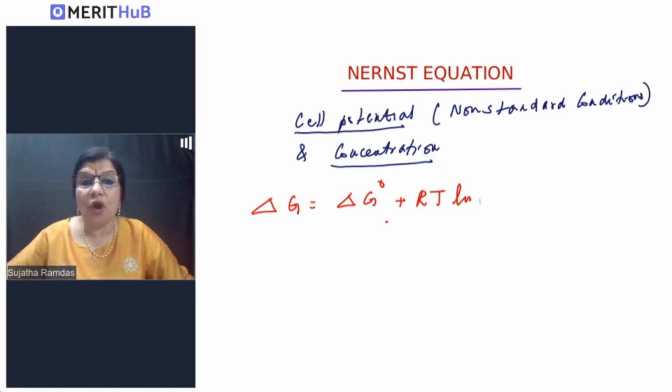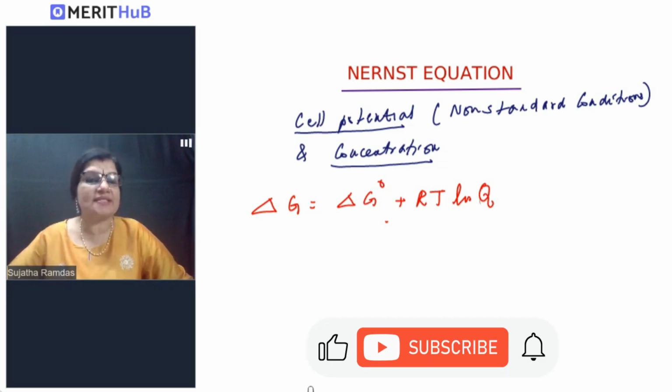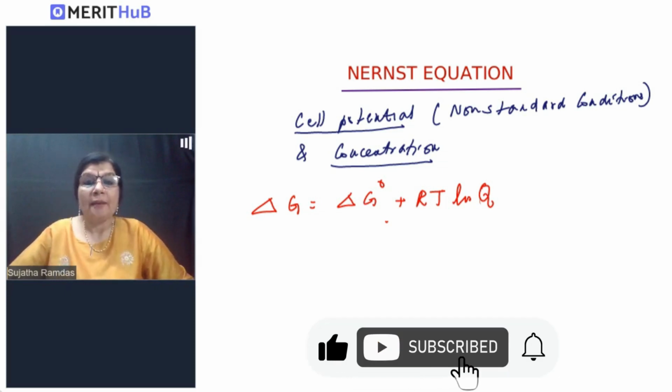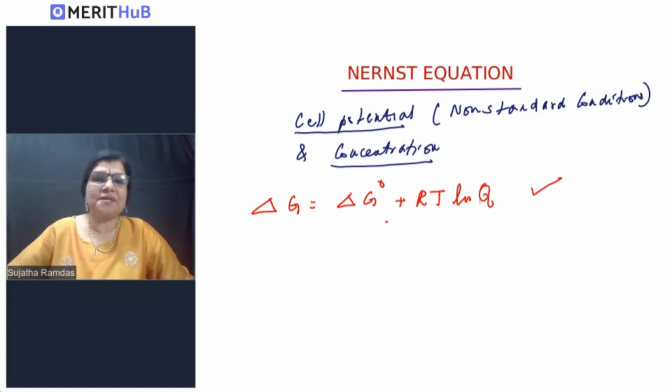Now, let's focus on a non-equilibrium situation. So, K is replaced by Q. And you know what Q is? The reaction quotient. We'll soon do an example to understand that better. Now, let's deduce the mathematical statement of the Nernst equation from this starting equation.